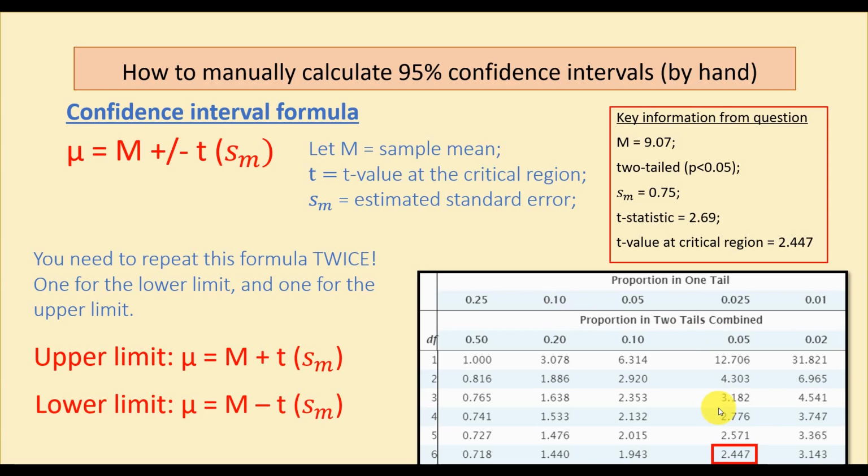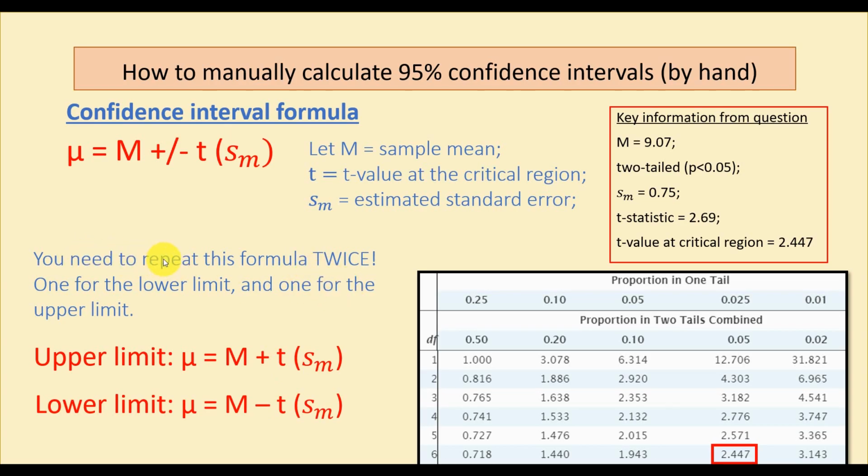What we're doing here is trying to find the t-value that rests at the two-tailed mark at 6 degrees of freedom, where p is going to equal 0.05. So here it says 2.447. That is our critical region and our critical cutoff, and we're going to use this value in both formulas when calculating our confidence interval.